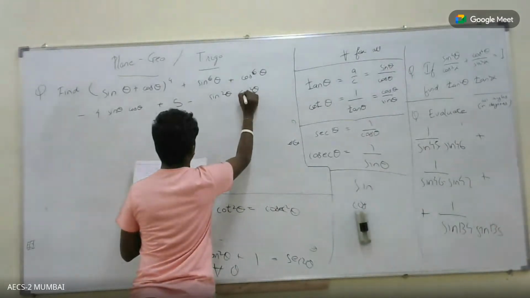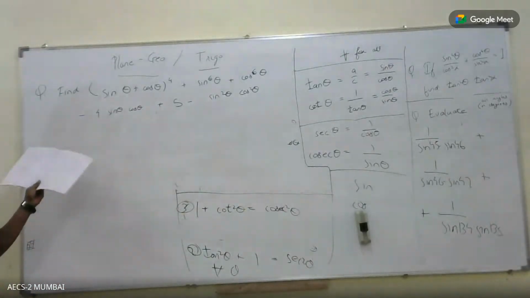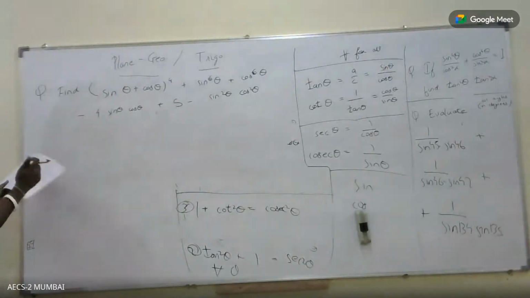Your job is to simplify this given equation on the board. This is an absolutely constant expression, which you realize when you try to simplify by expanding the terms.